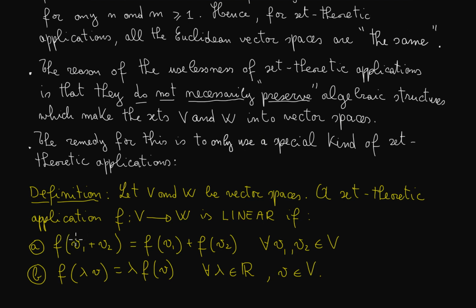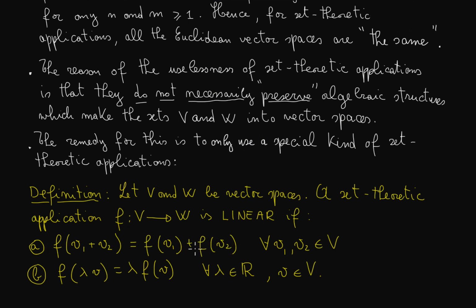The first one is that if we apply f to the sum of two vectors in the domain, so let's suppose that v1 and v2 are two elements in the domain, then this is the same as applying f to the first element and then applying f to the second element and summing the images.